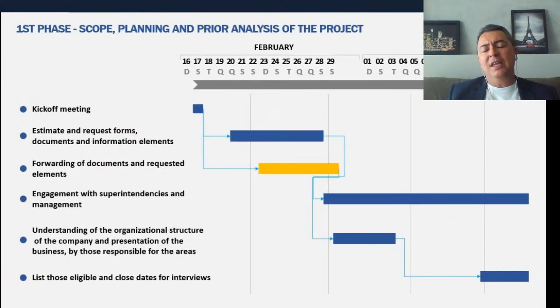The first thing that we need to do is to decide with the organization what exactly is going to be the scope of our project. For many of you who have already attended one of my classes, I probably have said that the first thing that we need to do, we need to talk with the C-level of the organization to decide what kind of data privacy project we want.